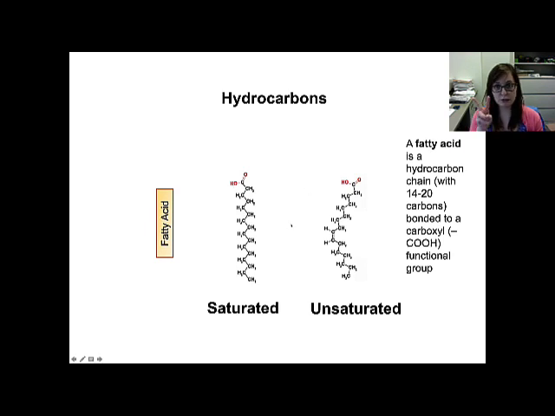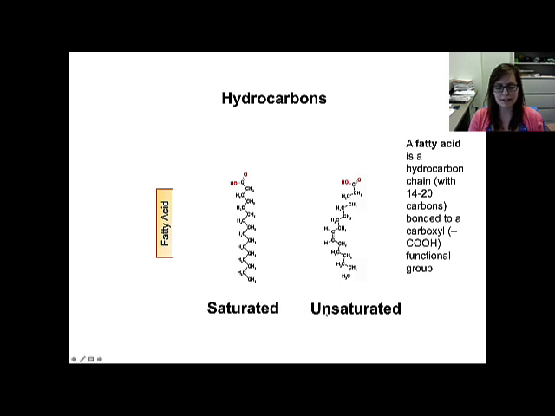And it can come in 2 flavors. It could come in this saturated form, in which there are no double bonds between the carbons. So this is relatively straight. It's saturated with hydrogens, okay? So every carbon has its 2 hydrogens, saturated.